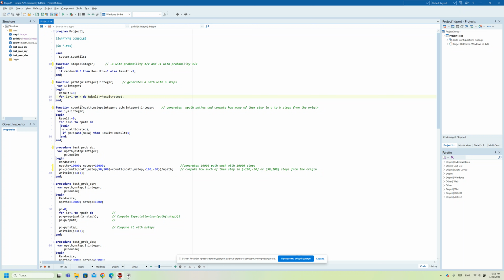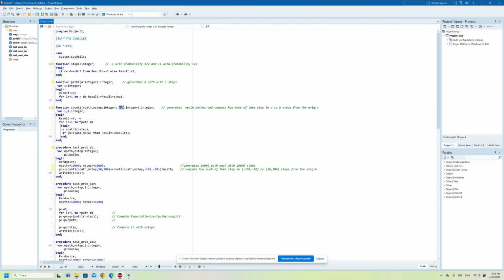Now the function count, which generates n paths, each of which consists of n steps, and computes how many of them stay apart from the origin, from the starting point, between A and B steps. So we compute if the path is between A and B, we add this to the result.